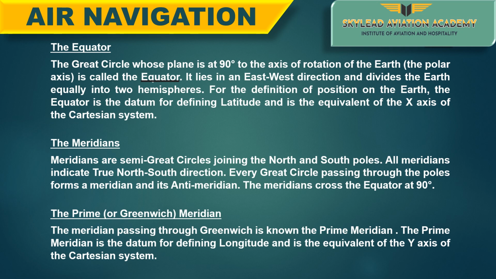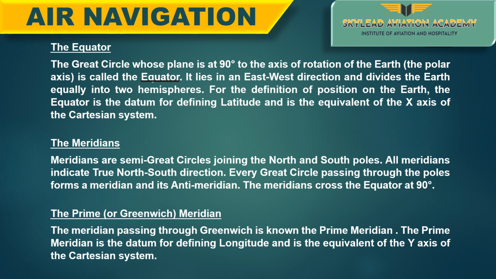The meridian, guys: lines which run pole to pole are called meridians. There are many meridians on Earth. The particular meridian which we use in aviation is the prime meridian.